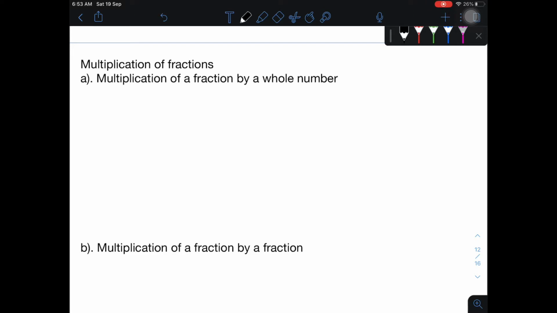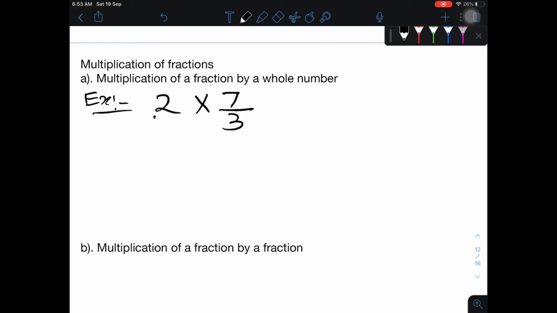Multiplication of a fraction by a whole number. Let us take an example. 2 is a whole number and 7 by 3 is a fraction. Okay, clear?